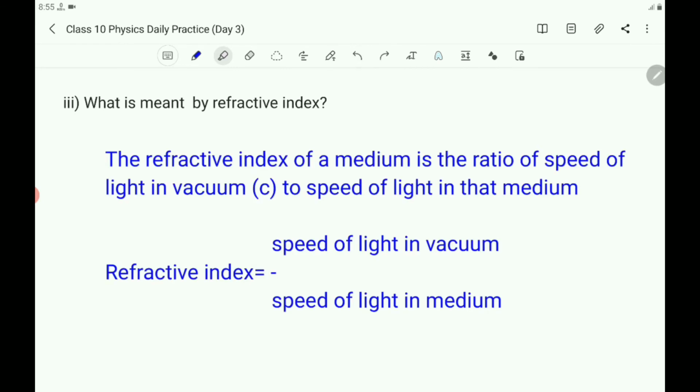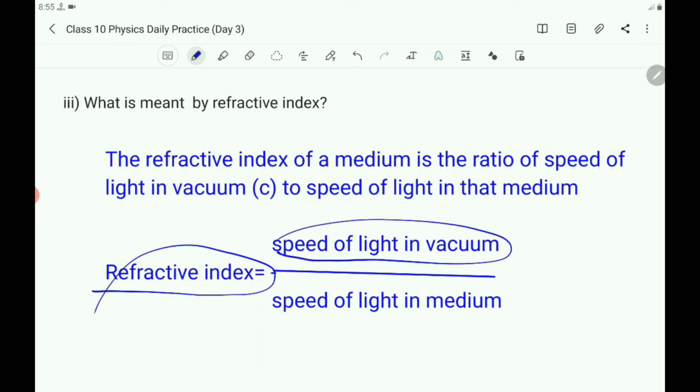So you write, the refractive index of a medium is the ratio of speed of light in vacuum to speed of light in that medium. So you take that here, refractive index can be written in the form: refractive index equals speed of light in vacuum divided by speed of light in medium.